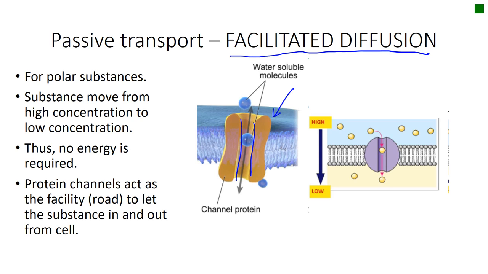So facilitated diffusion requires the existence of an integral protein channel. In facilitated diffusion, the substance must be polar and must move from high concentration to low concentration. Thus, no energy is required. And the protein channel acts as the facility or road to let the substance in and out of the cell.